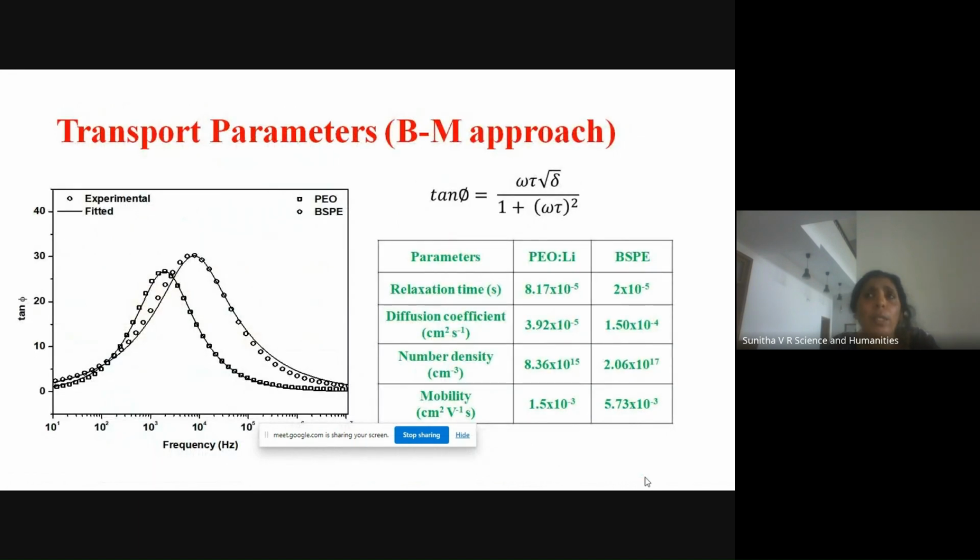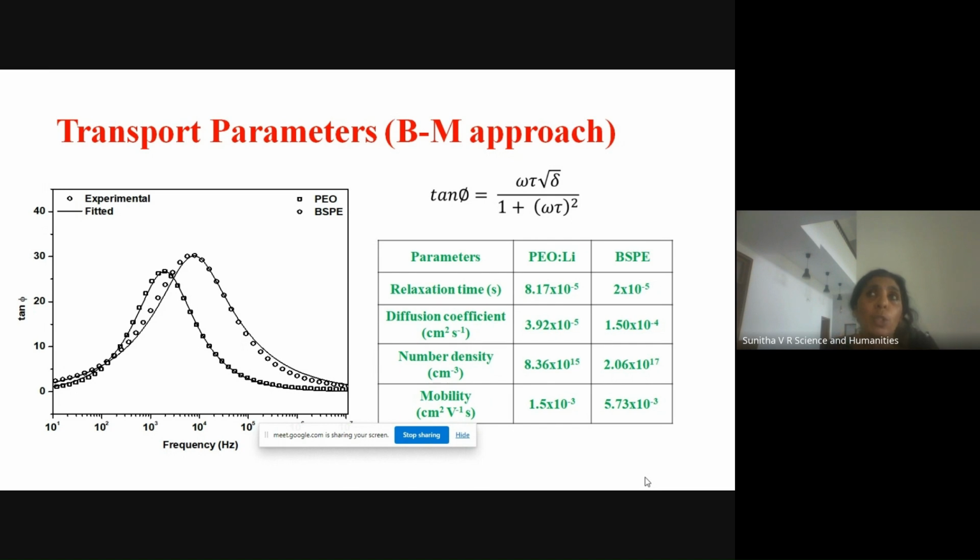Now, whenever we design a polymer electrolyte, what is important is its transport parameters. Transport parameters will decide the conductivity of the system. Transport parameters are basically the diffusion coefficient, the number density, and mobility. In a polymer, when the polymer chain is moving, the lithium ion will coordinate through the polymer chain.